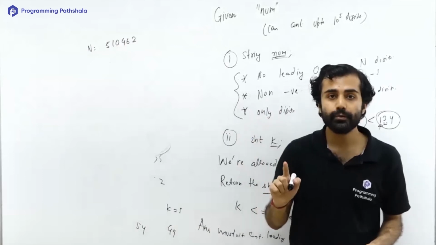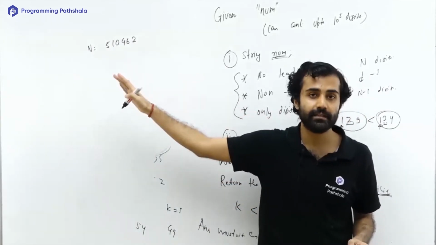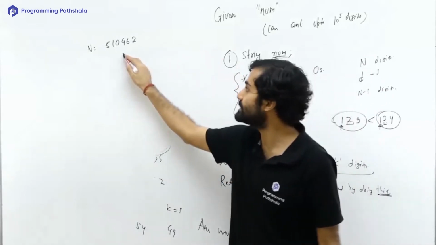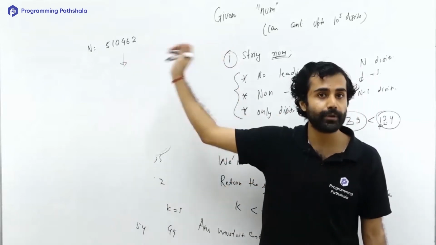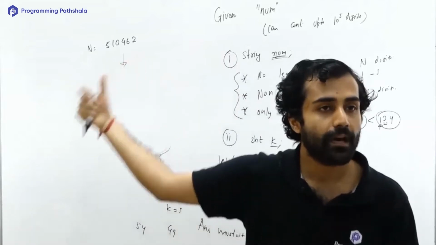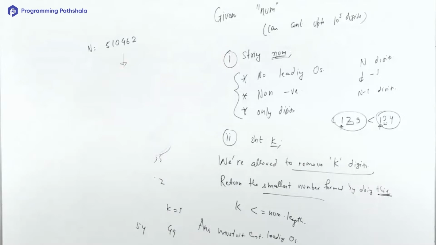I want you to change any one digit to anything. But after you have done that, the result should be smallest. Do you understand? So you tell me, which digit will you change in this case?